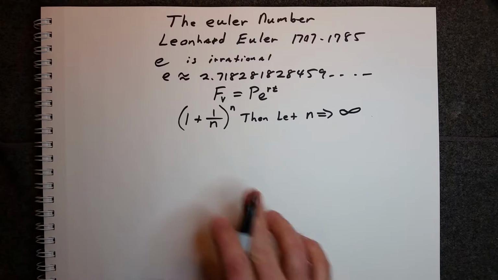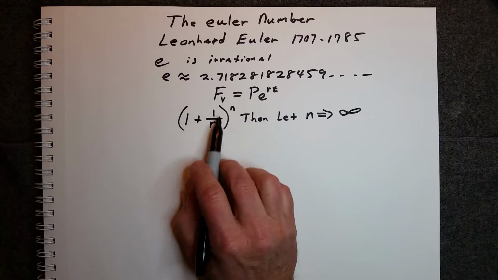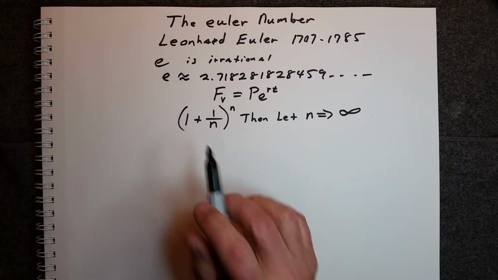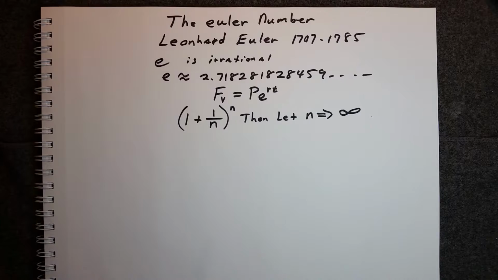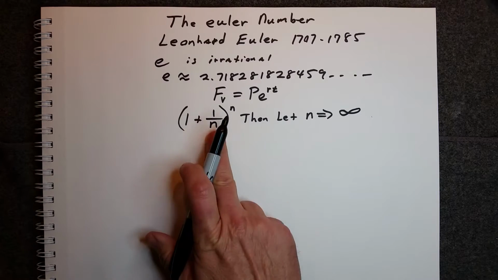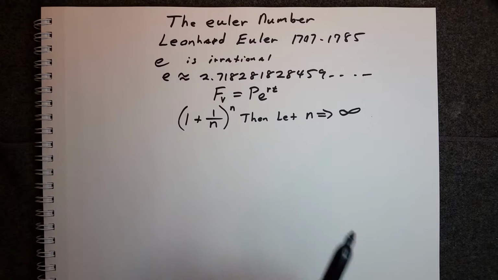If we let n get larger and larger, the base is ever so slightly bigger than the number 1. When n is really large, it approaches 1 but is always a little bit bigger. And then, of course, we're raising it to a higher and higher power.